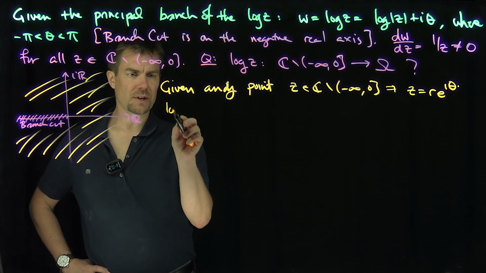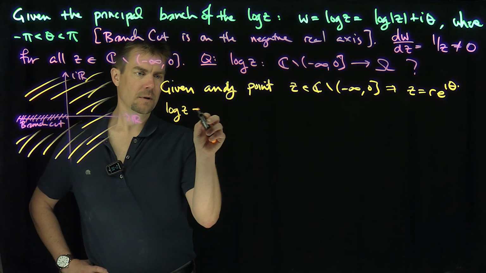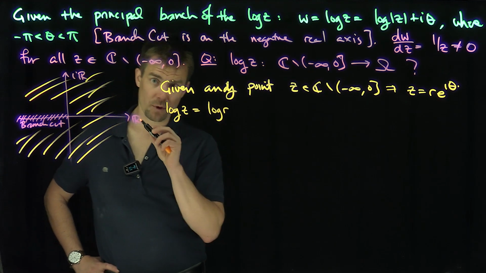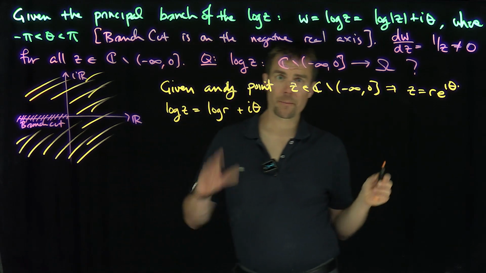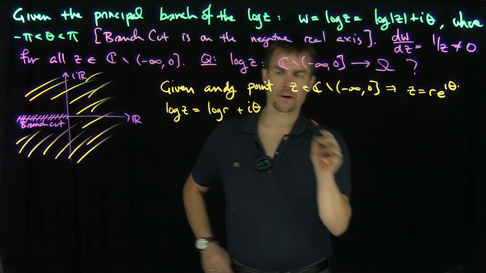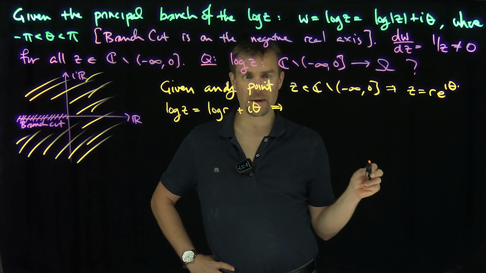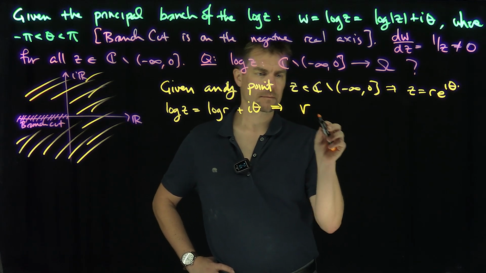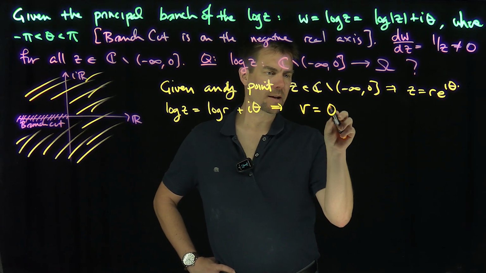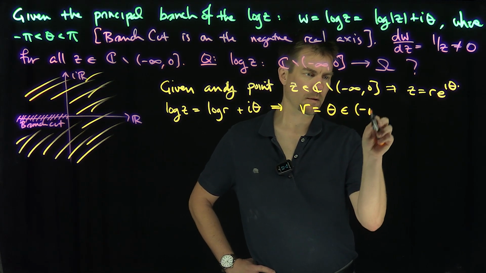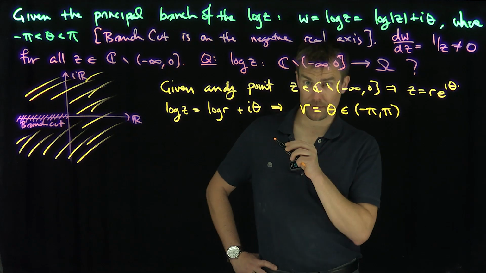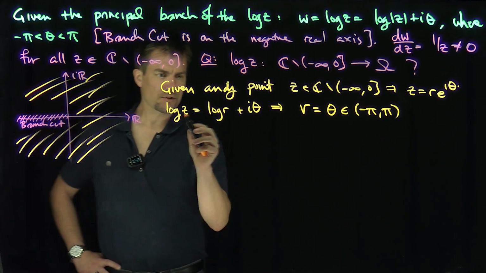Then, what's the log of z? The log of z is going to be the log of r, that's the real part, plus i theta. So where do your imaginary parts reside? The image over here, your theta, your v basically, is going to be theta, and that's going to be between negative pi and pi. Great.